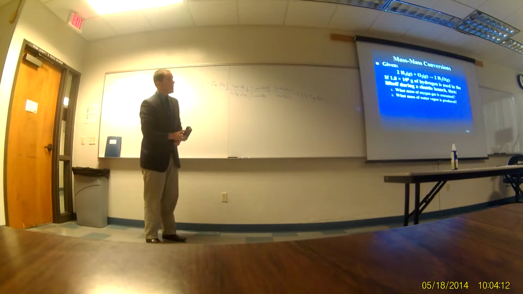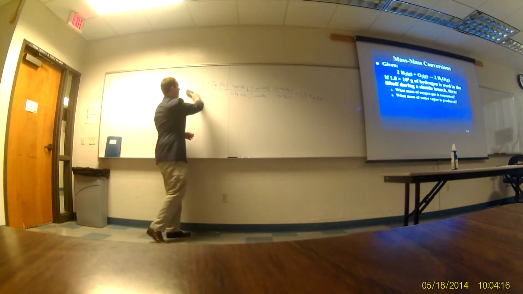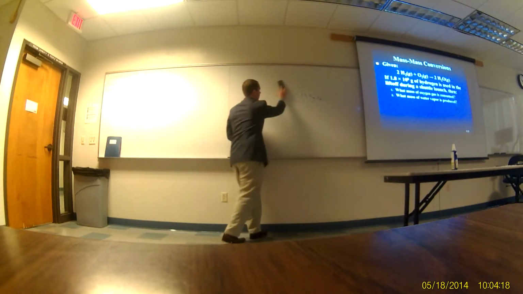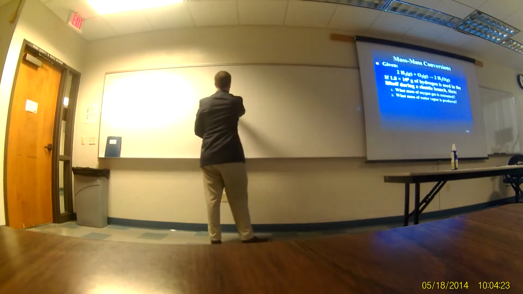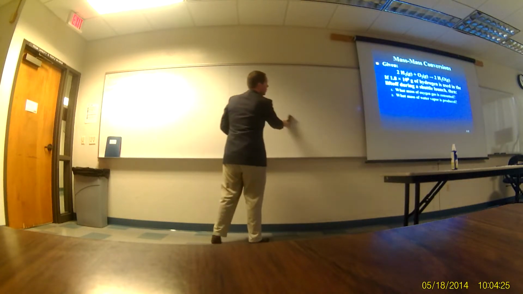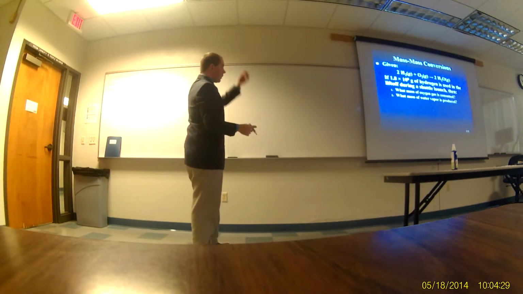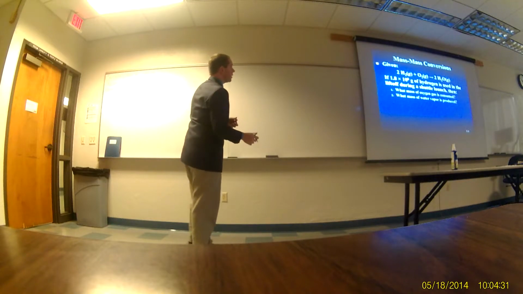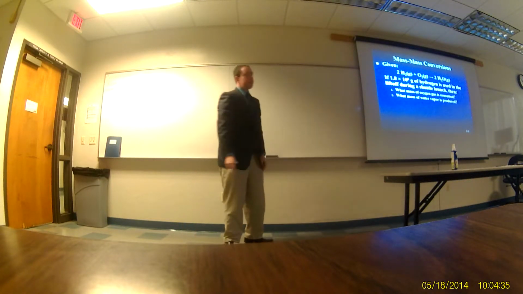So that's 180 million grams of hydrogen. The first question says, what is the mass of oxygen consumed? So in our stoichiometry problem, this is a grams to grams again.